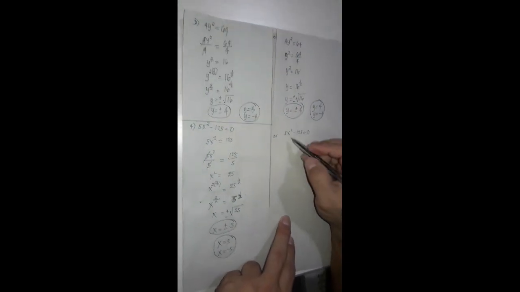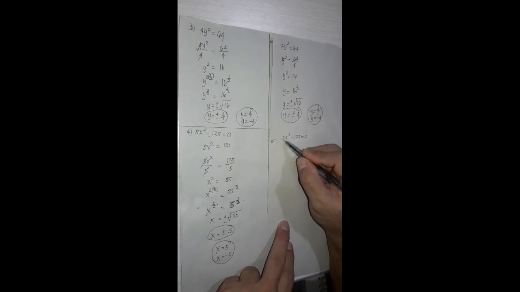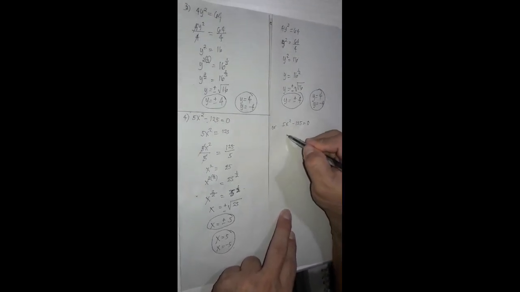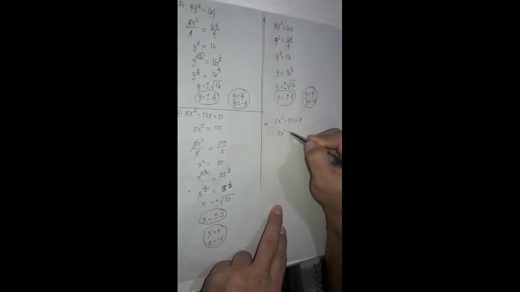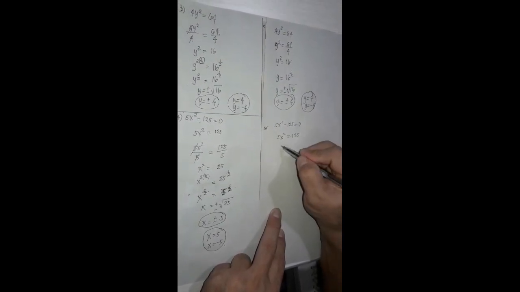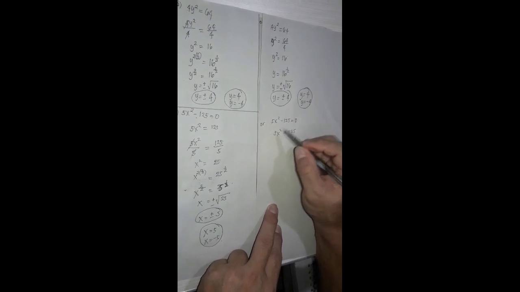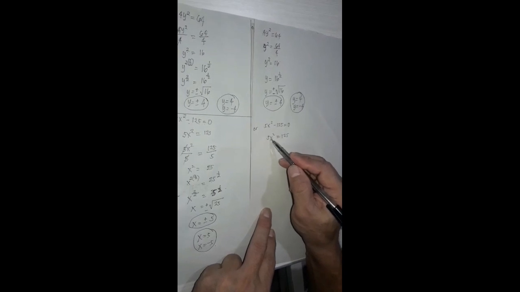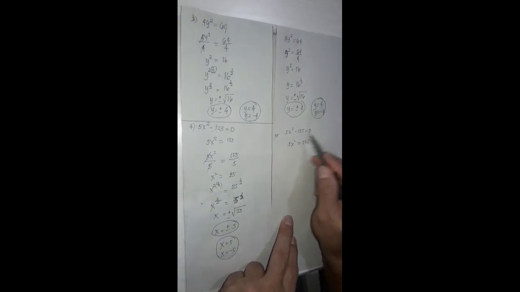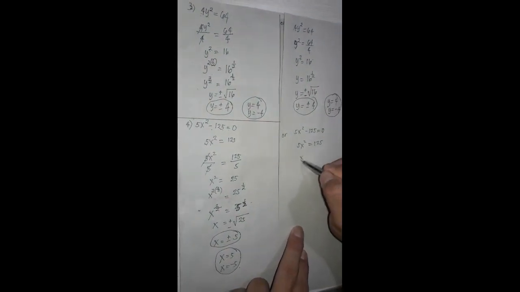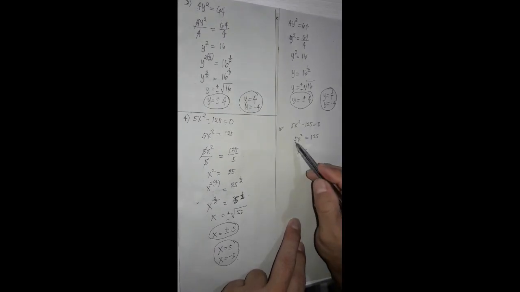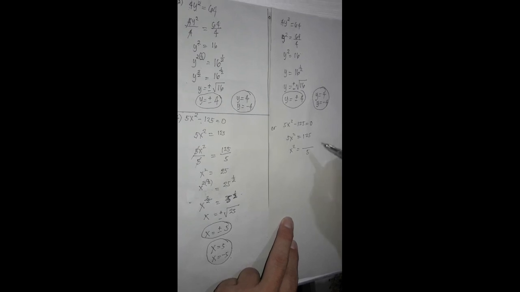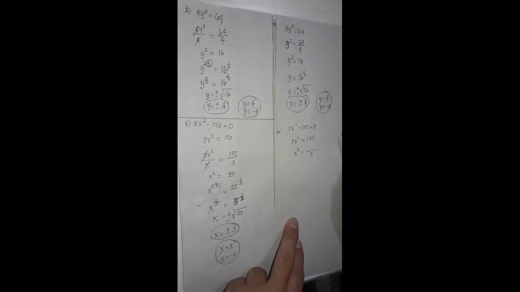Then, doing the shortcut, we have eliminating 5. Transferring this first to the other side of the equation, 5x squared equals 125. Then eliminating 5, since this is multiplication, 5x squared, the opposite of multiplication is division when it is transferred to the other side. x squared is equal to 125, and 5 becomes the denominator of the terms at the right side.